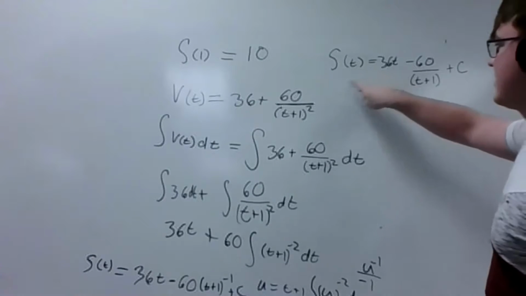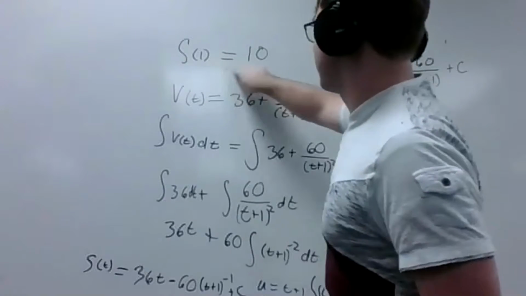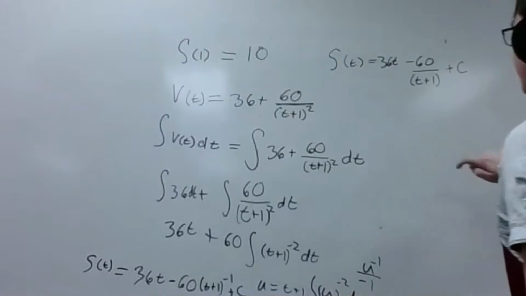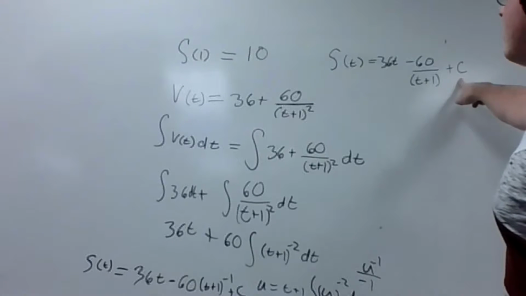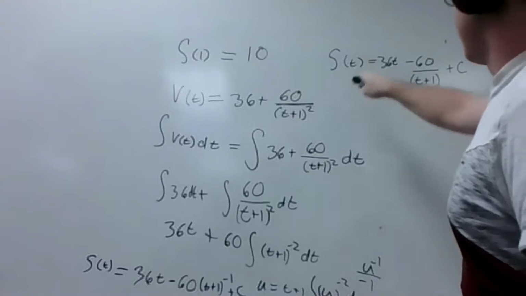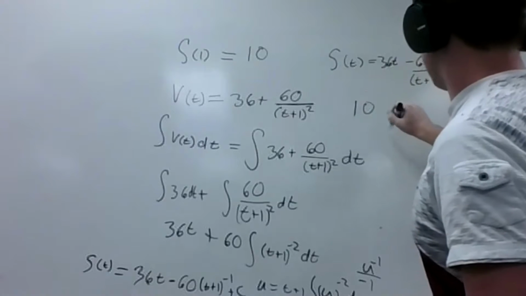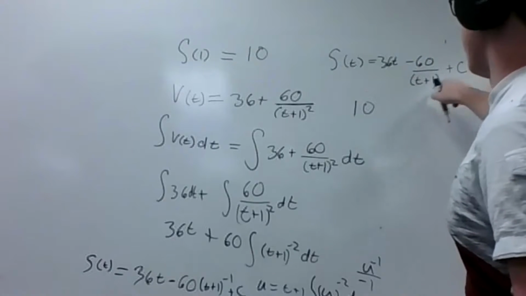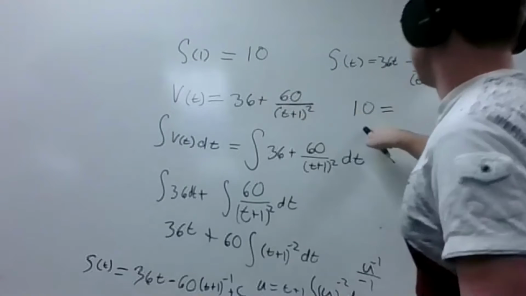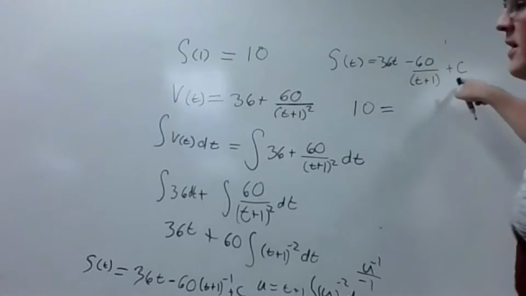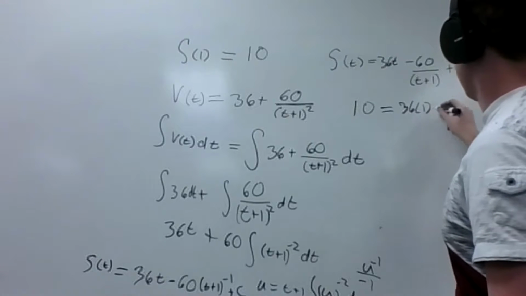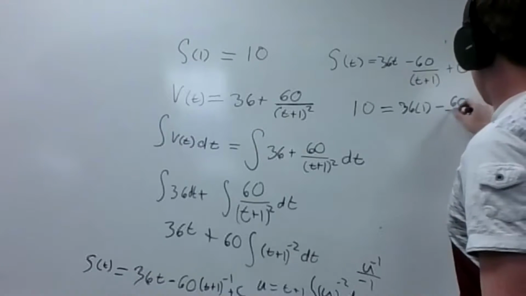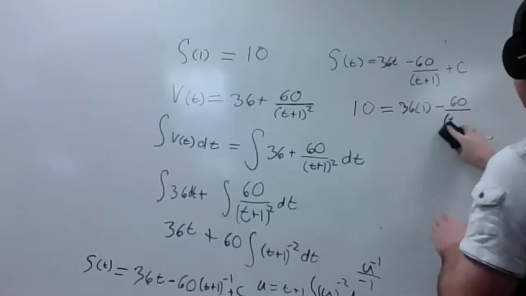So then, since we have this initial statement where s of 1 equals 10, we're going to use that to find our c value. So we know that this equals 10 when t equals 1. So we have 36 times 1 minus 60 over 1 plus 1, or 2.